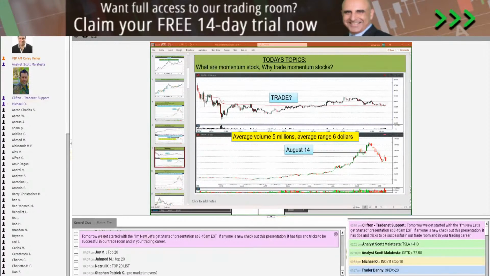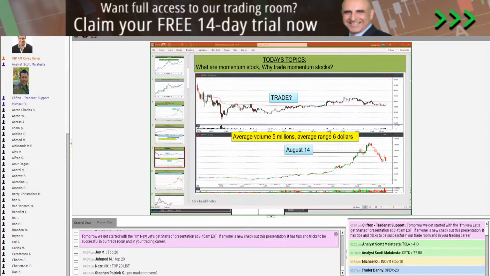and take a look at the intraday price action. So if you look at this intraday price action for OSTK August 14, take a look at this chart very, very carefully, even in retrospect. How many potential trades, long or short, do you see on this chart? Ignoring the outcome of them, how many do you see?